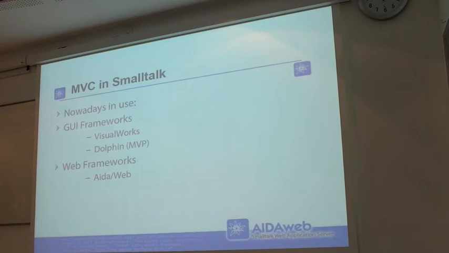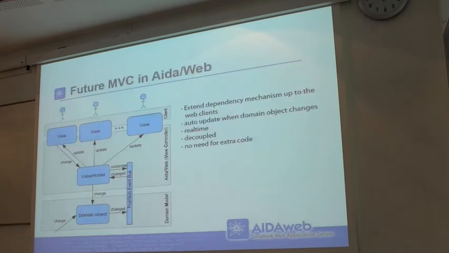And among web frameworks, I don't know all of them, but Aida is the only one strictly using MVC now. But of course, you can use MVC with other frameworks too, because this is a pattern; some frameworks use it implicitly, others you need to do explicitly.